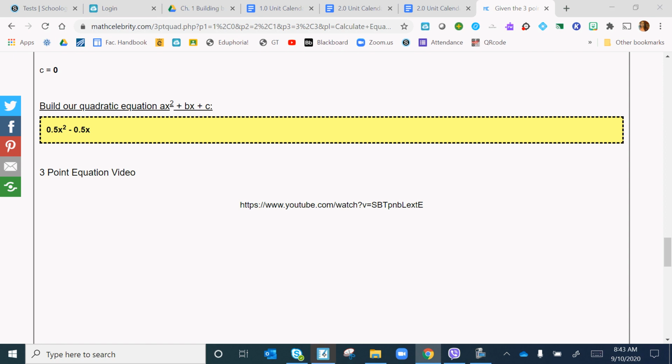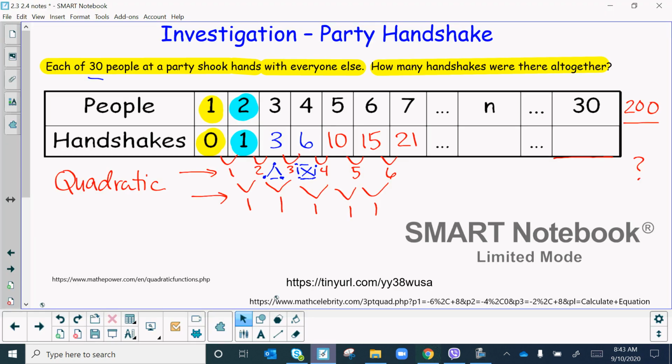So when I go back to over here, I'm going to write 0.5n squared minus 0.5n. All I did was put n instead of x. And there's your rule. So you can use this to figure out the handshakes for 30 people, and you just have to plug it in. Then you can do the same for 200 people. All right, so we'll do that in a second.